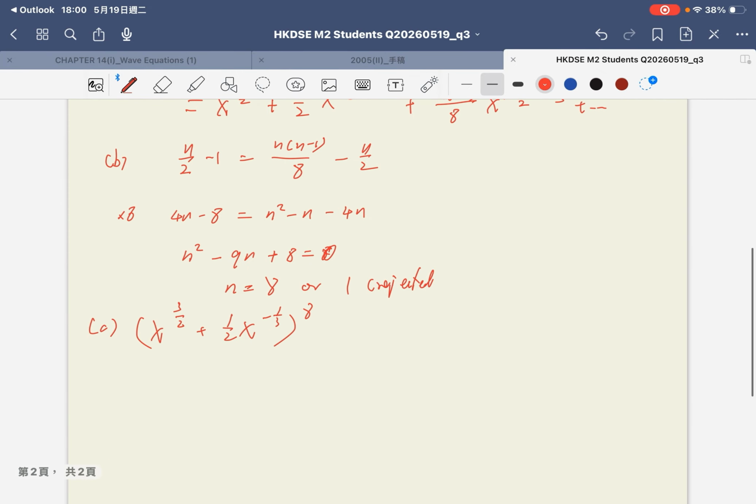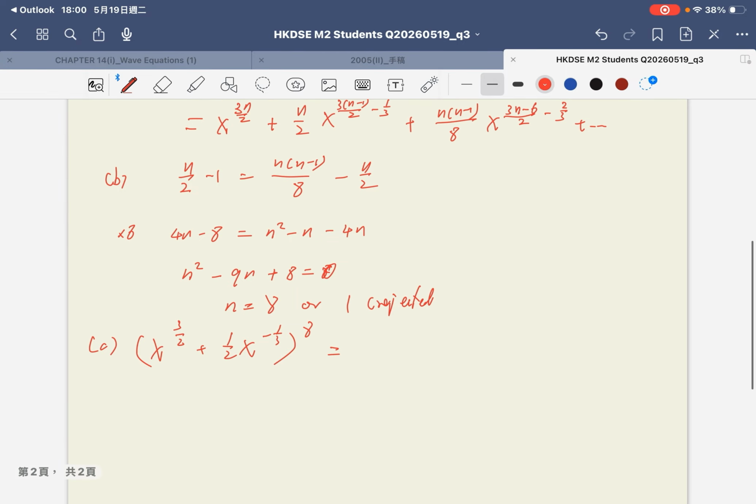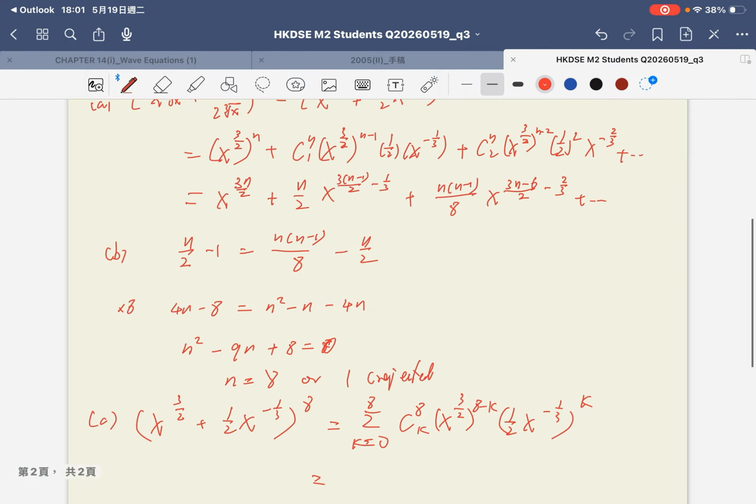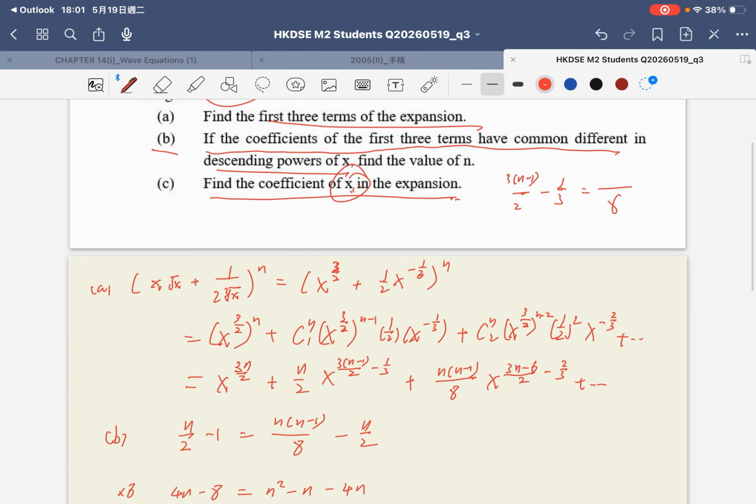The general term, I write down in summation format. Summation k from 0 to 8 of 8Ck, x to the power 3 over 2, to the power 8 minus k, and then 1 over 2 x to the power negative 1 over 3, to the power k. We have to simplify that and look for the term of x.